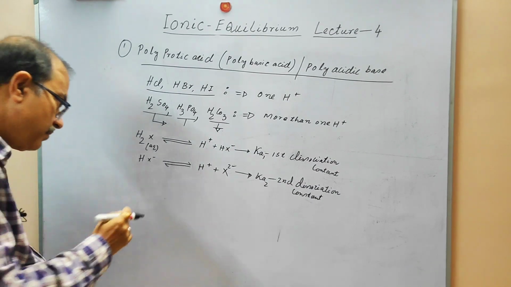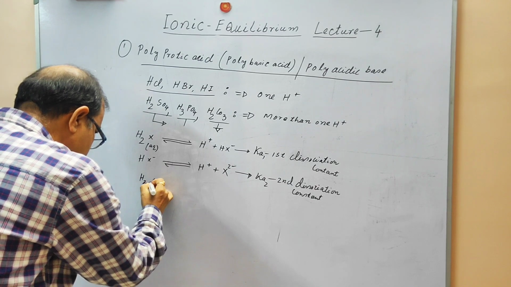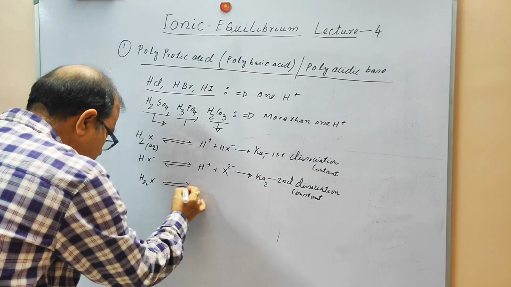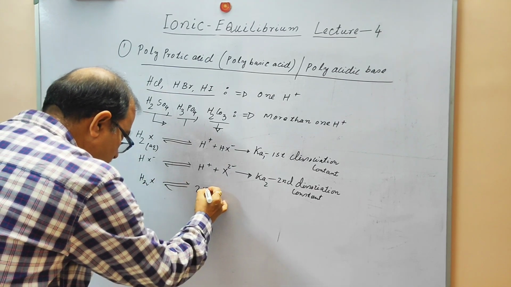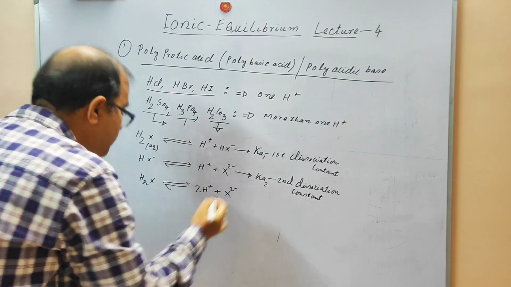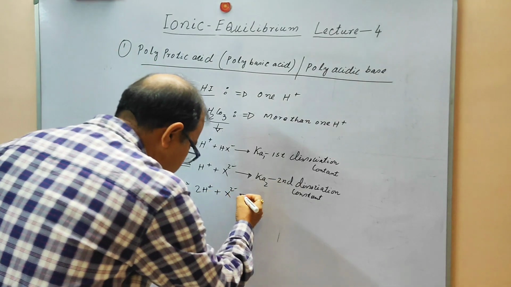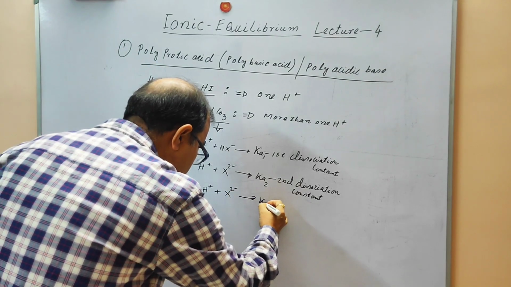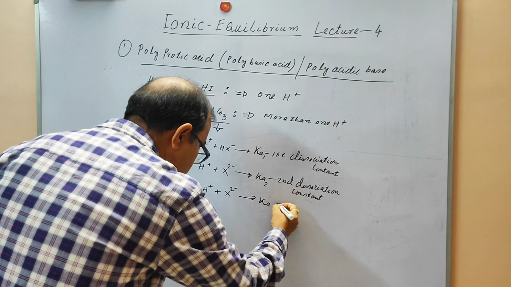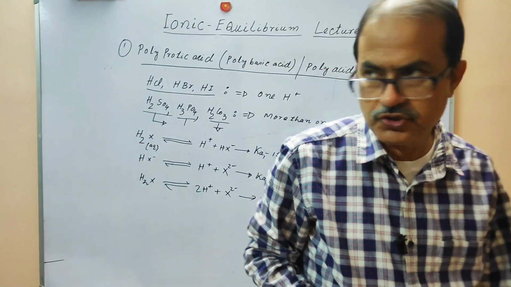If we take the overall dissociation of this acid, that will be this, assuming in the first step itself there is a production of the two hydrogen ions, and in this case we will say Ka is the overall dissociation constant.